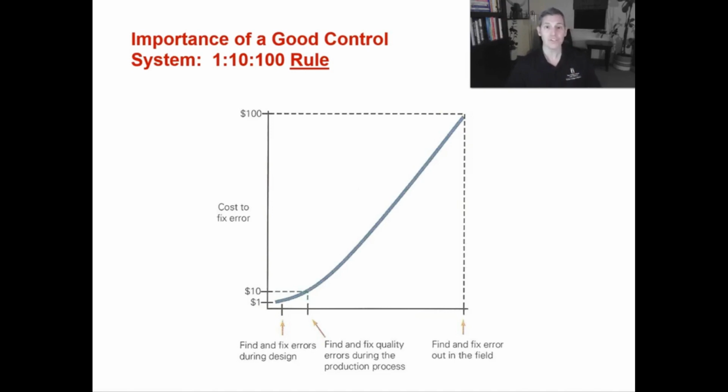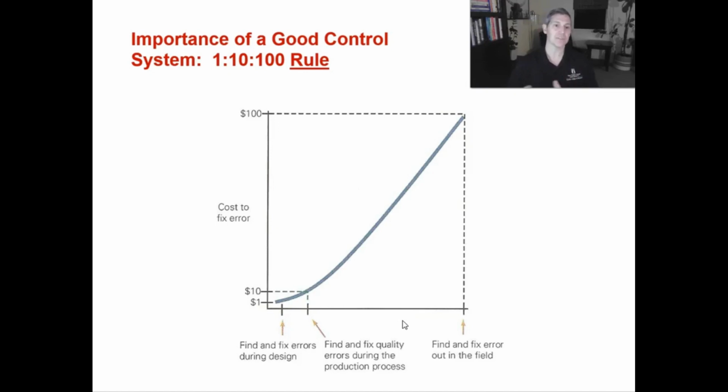Same thing here. With good quality control, it costs you $1 to fix an error at the prevention or appraisal stage, so finding and fixing errors during design costs about $1. Then if you move on and find and fix quality errors during the production process, it costs about $10. That would be an internal failure cost.